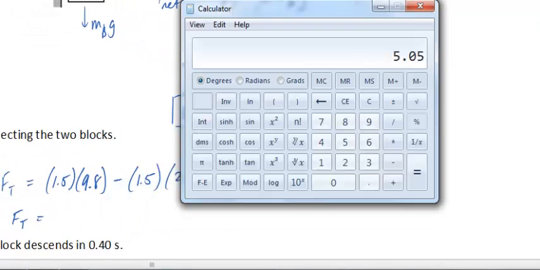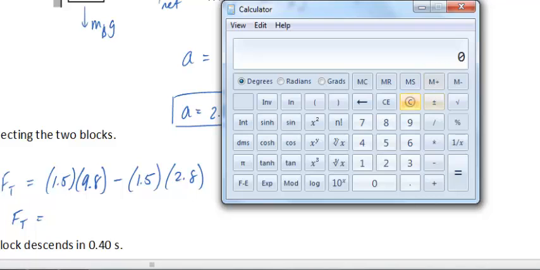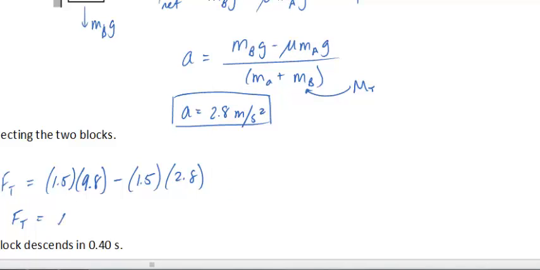All right, let's pull up my little calculator here. I have 1.5 times 9.8 minus 1.5 times 2.8, and I get a tension of 10.5 newtons.